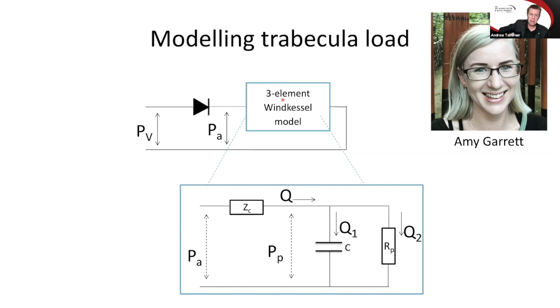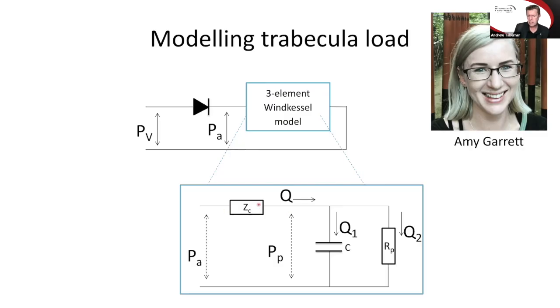You pump it up and it holds pressure, and then some of that pressure is bled out through a resistive element. So your knapsack, like the heart, has a valve on it to keep the pressure. This is a model that's often applied to the circulation.